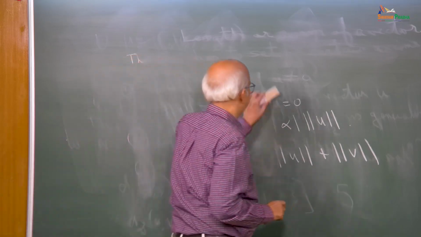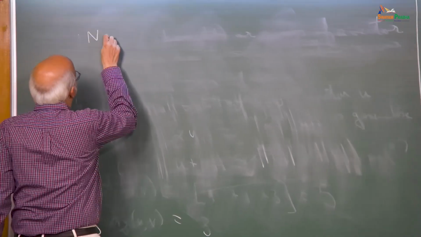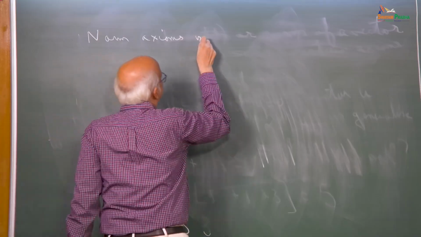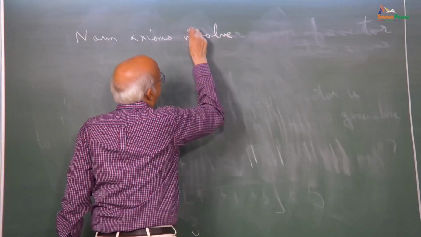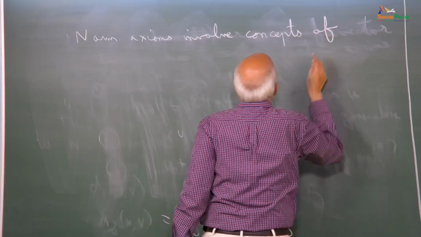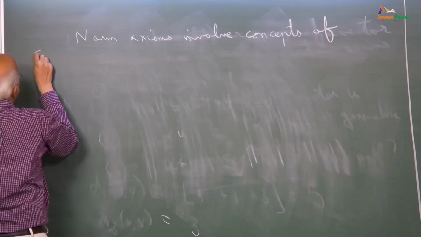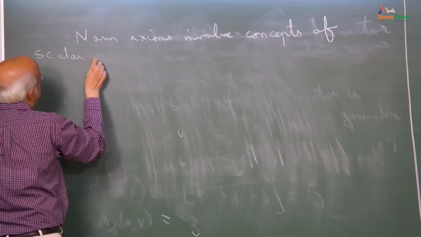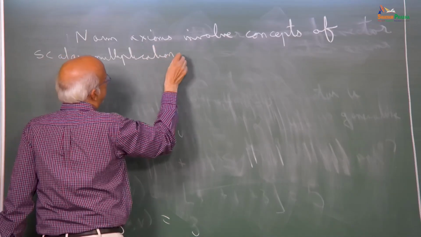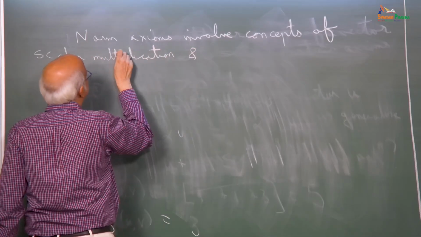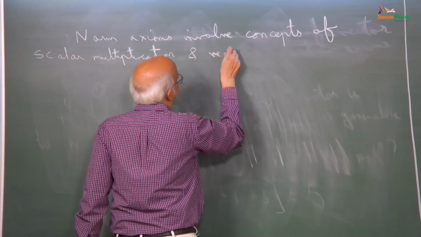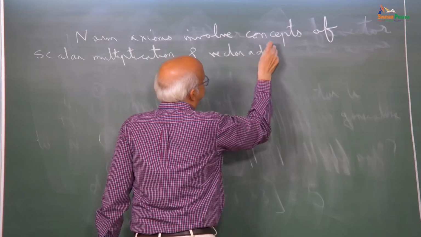So, the norm axioms involve concepts of scalar multiplication and, I do not know, vector addition.